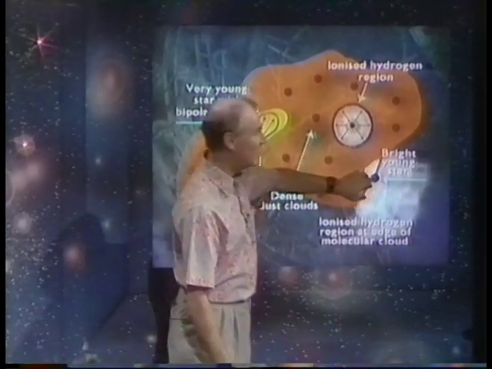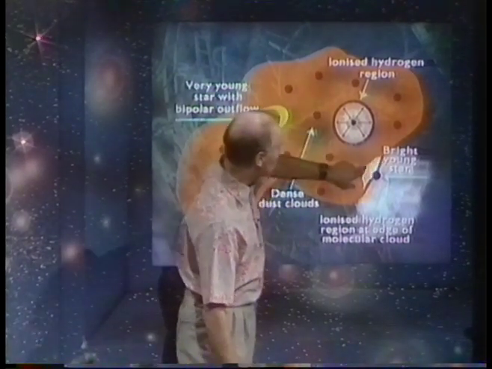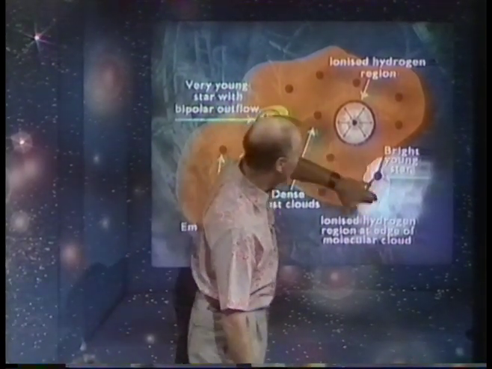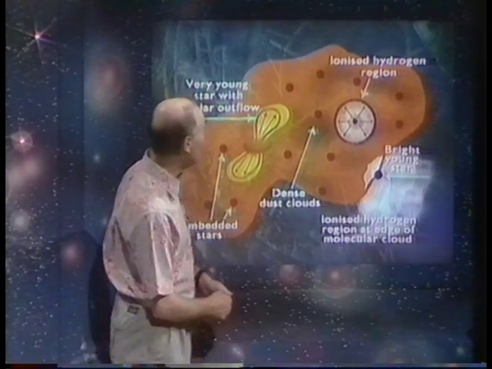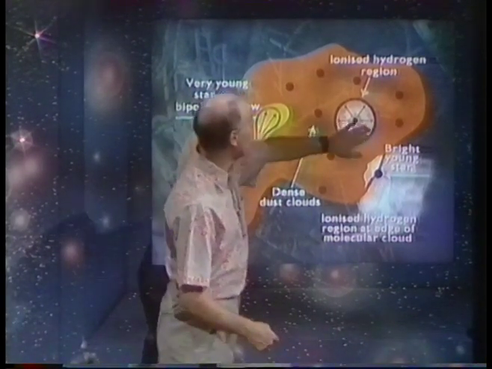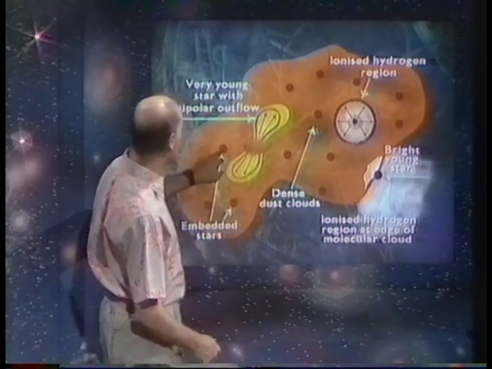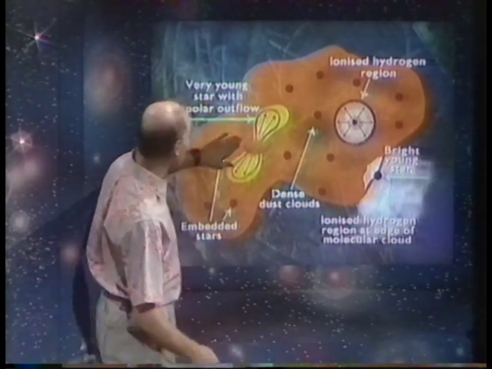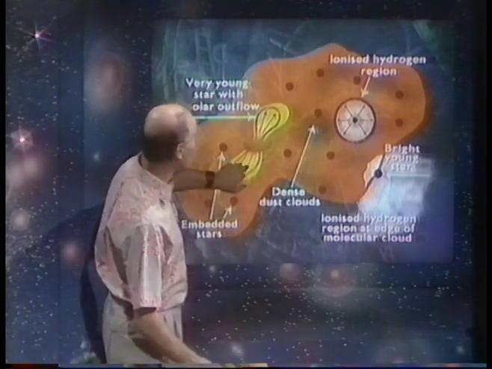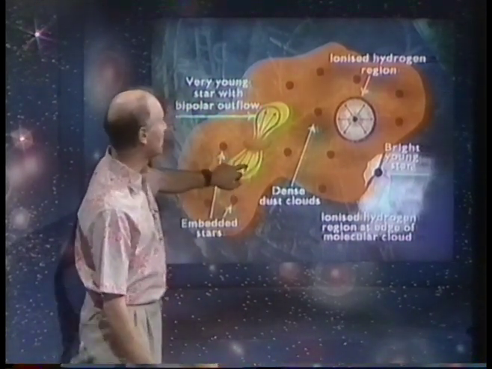It has made young stars and has caused a blister to occur on the surface of the giant molecular cloud. Inside the cloud, there are regions of ionized hydrogen, which we may observe. There are some embedded stars, and then some remarkable outflow sources, which we're going to talk about in just a moment.